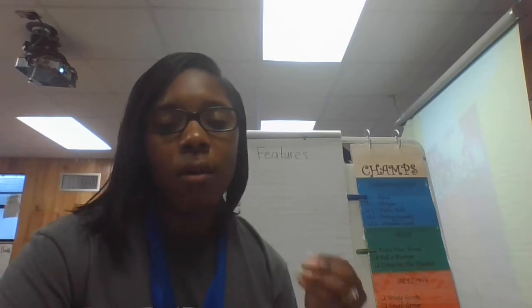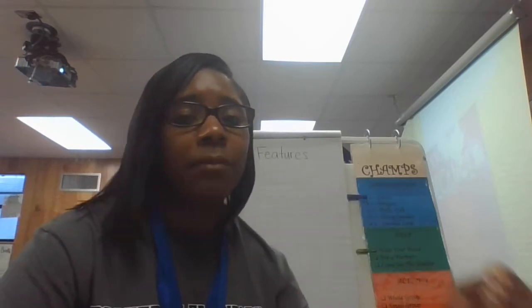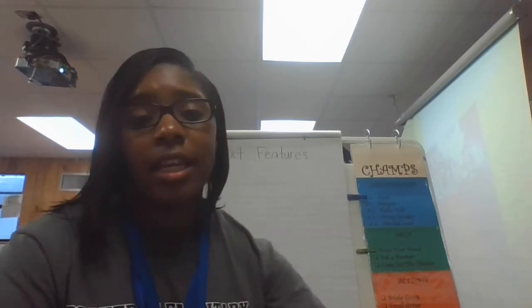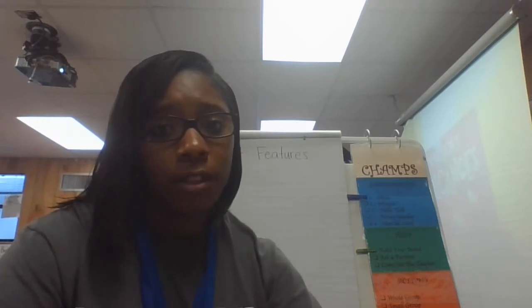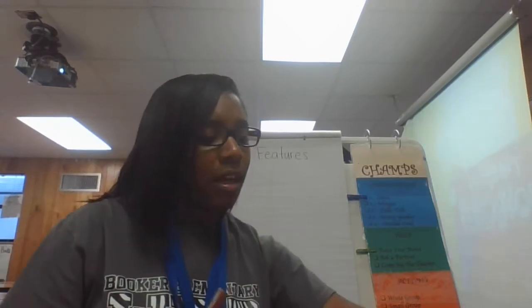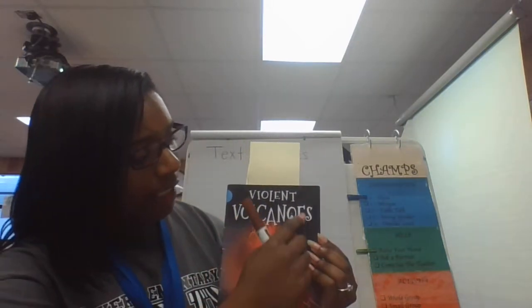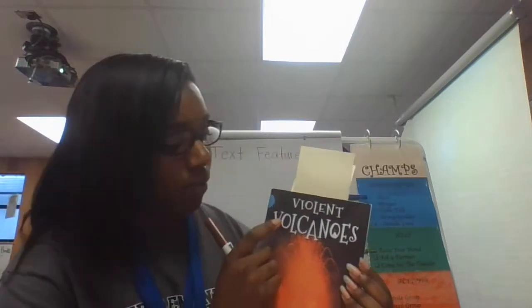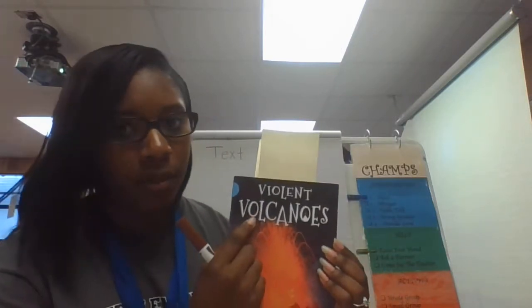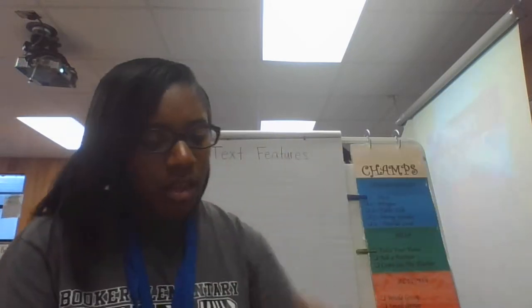And what we're going to do on Monday, we're going to practice labeling text features in our story, in our book. So an example of a title would be this: Violent Volcanoes. It's big giant letters at the front cover of the book. Violent Volcanoes. This is a title.